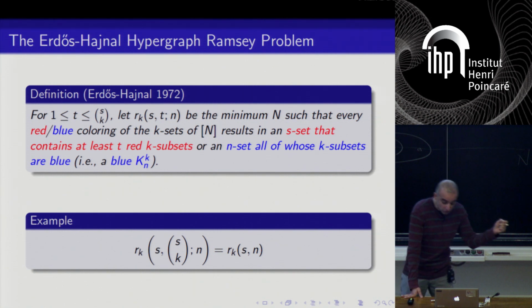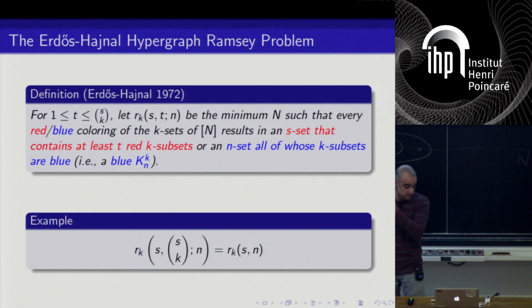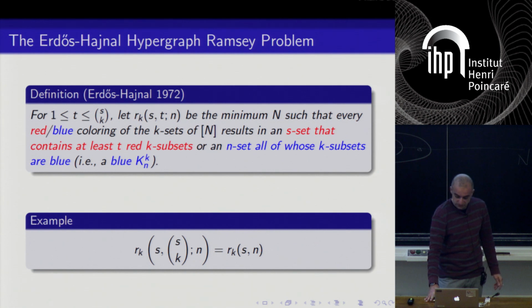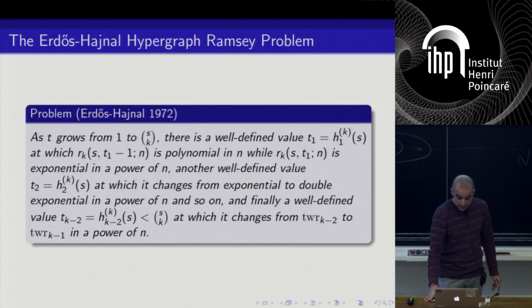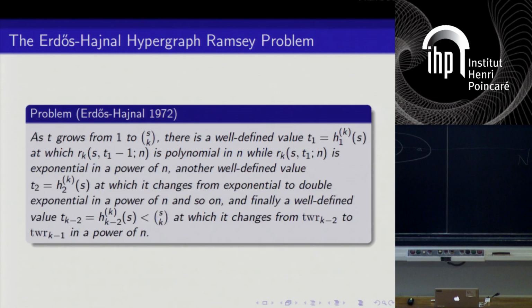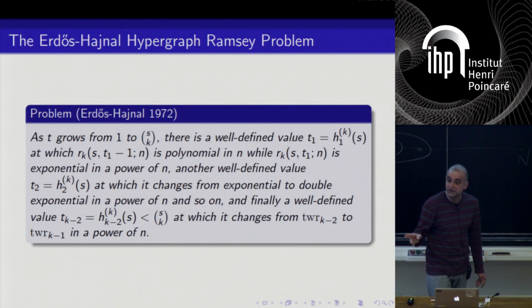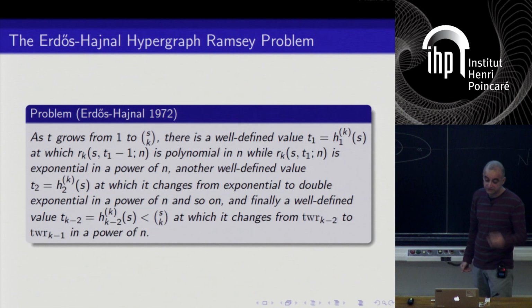When t goes all the way to s choose k, well, this thing is 2 to the 2 to the 2 to the 2 to the, it's the problem we've been talking about. And therefore, the interesting question here is, how does this change as t changes? And indeed, this was the main problem that Erdős and Hajnal asked, of which off-diagonal Ramsey numbers are a very, very special case, in their famous 1972 paper.